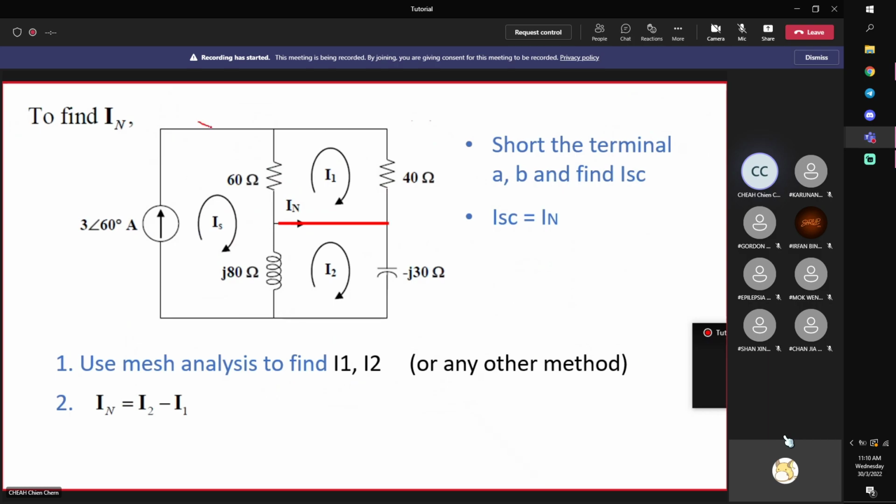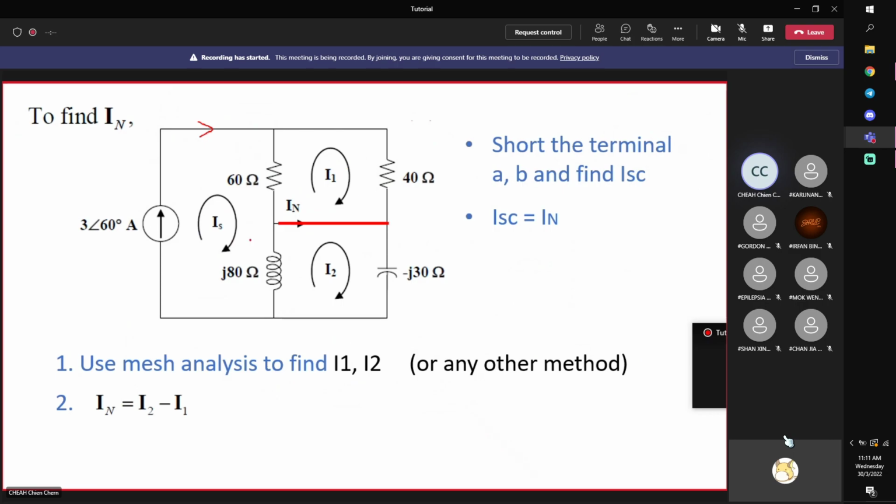For example, this current is known, right? So then you can try to... okay, here cannot, because here you want to find this current here, which is from this branch to this branch. So we will use mesh analysis.